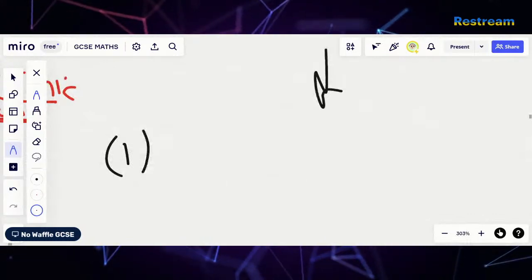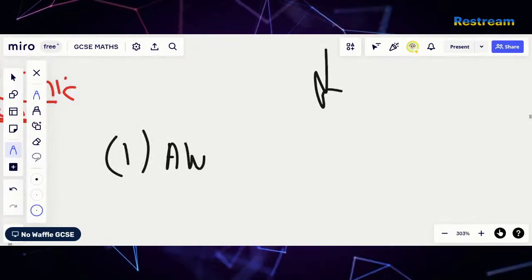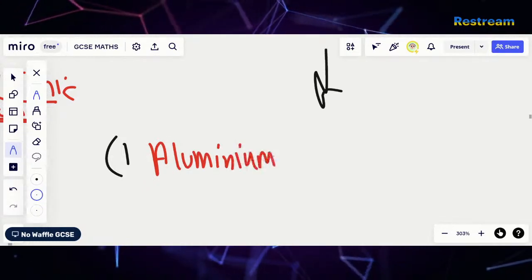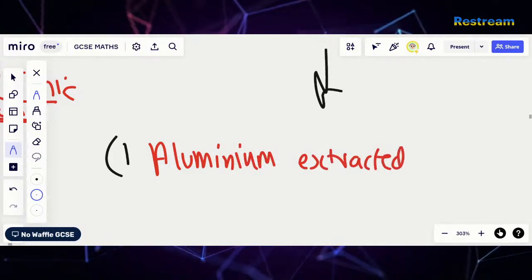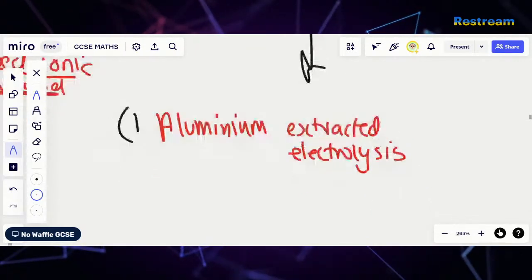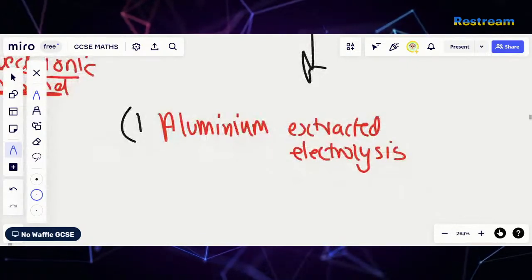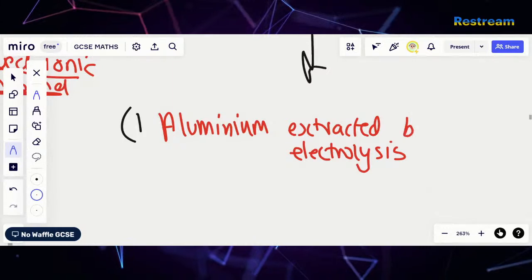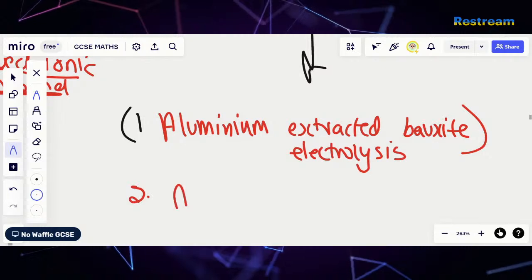Aluminium is extracted from the ore by electrolysis. Now, the aluminium oxide has a very high melting point. So the aluminium is extracted from the bauxite, but unfortunately it has a very high melting point.